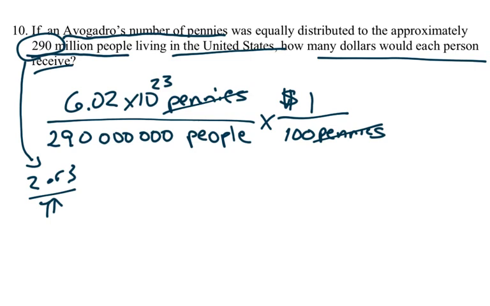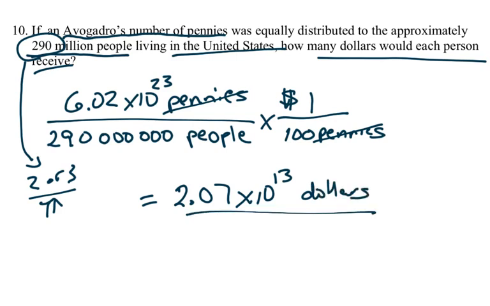So if we do that, you get 2.07 times 10 to the 13th dollars per person. The point is, we're giving out pennies, a huge number of them, but still pennies. And look how rich, it's trying to show you the magnitude of Avogadro's number.